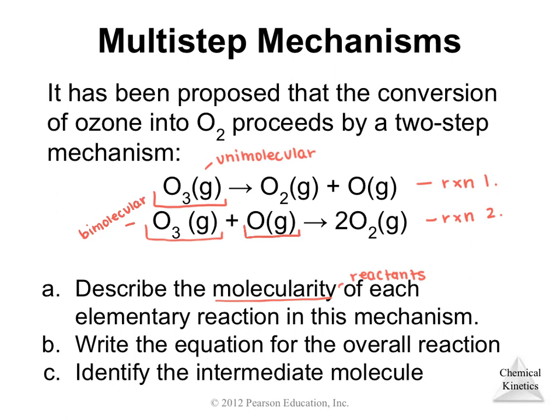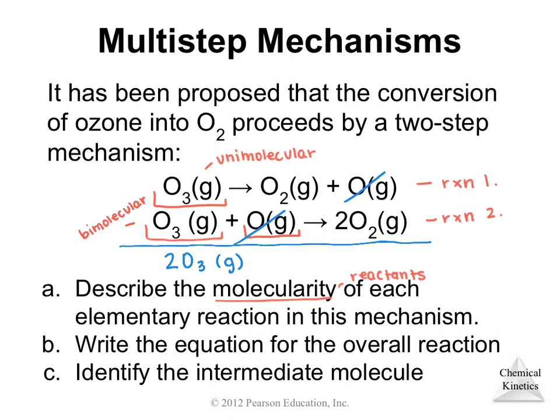So next, we can write the equation for the overall reaction. This is similar to Hess's law. When you have the steps, if something appears on both sides, they cancel out. Otherwise, bring everything else down. So I see that in my reactants, I have an O, and in my products, I have an O, and so those cancel. I see two O3s, but they're both on the reactant side, so I'm going to bring that down.